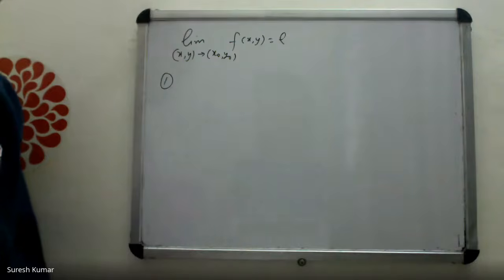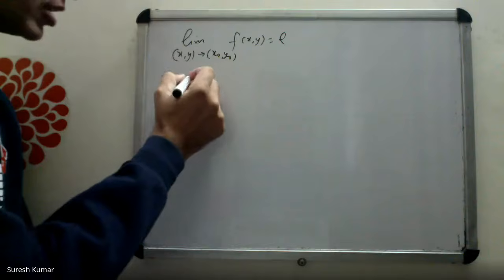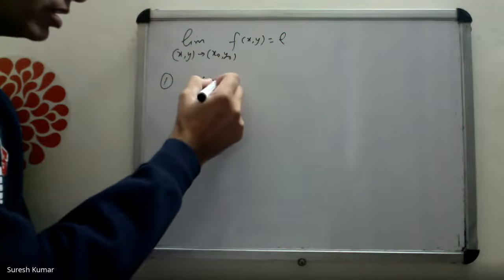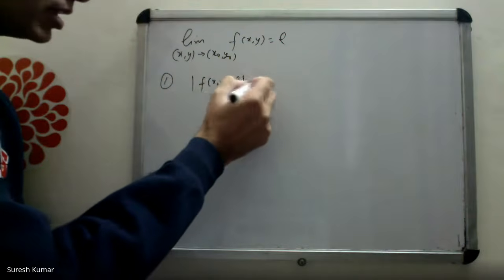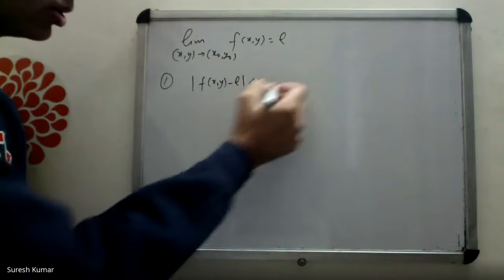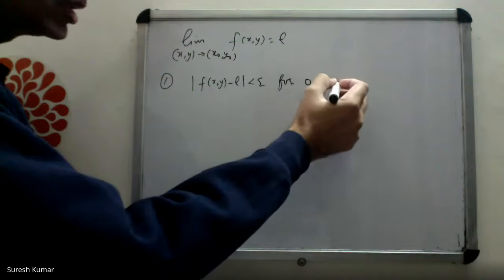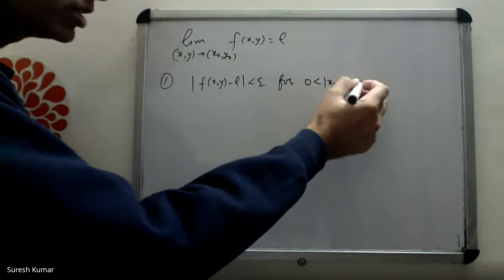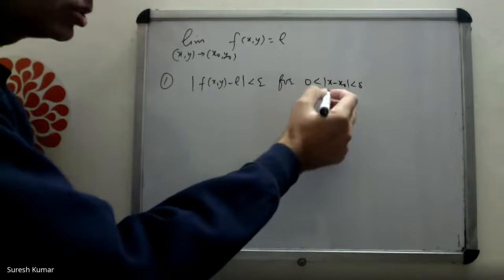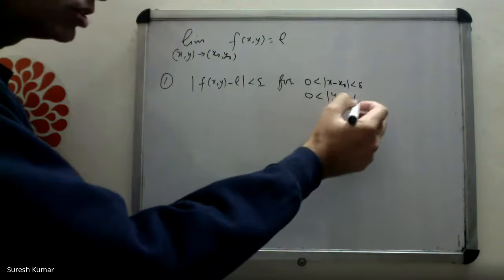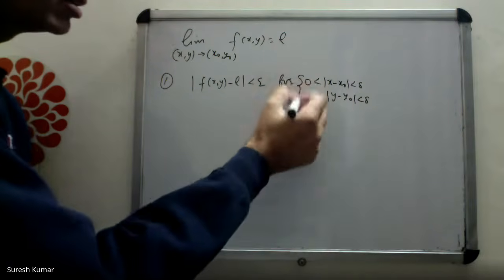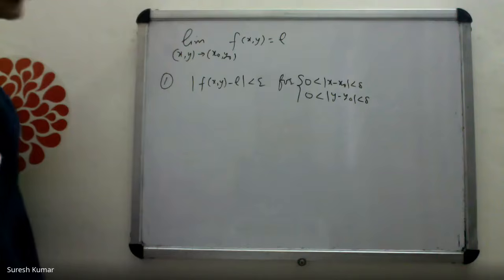Given epsilon positive, there exists delta positive such that |f(x,y) - L| is less than epsilon for 0 < |x - x0| < delta, 0 < |y - y0| < delta. This is the deleted neighborhood of (x0, y0).